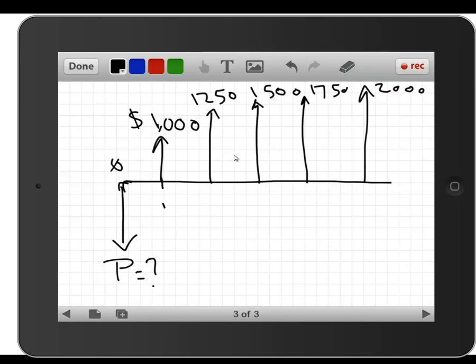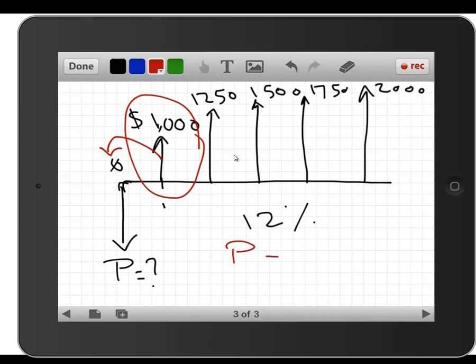We have 12% interest. The way to do the calculation, as we used before, is to take the first payment as a future value and bring it back to the present. So we need to find P using the formula for the future value, where we have an interest rate of 0.12 and (1 plus i) to the power minus n, and here we have 1 period or 1 year.